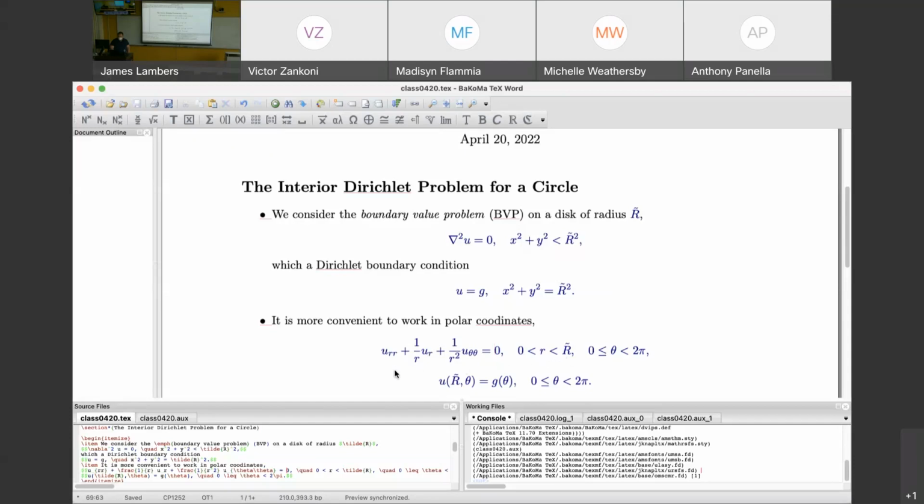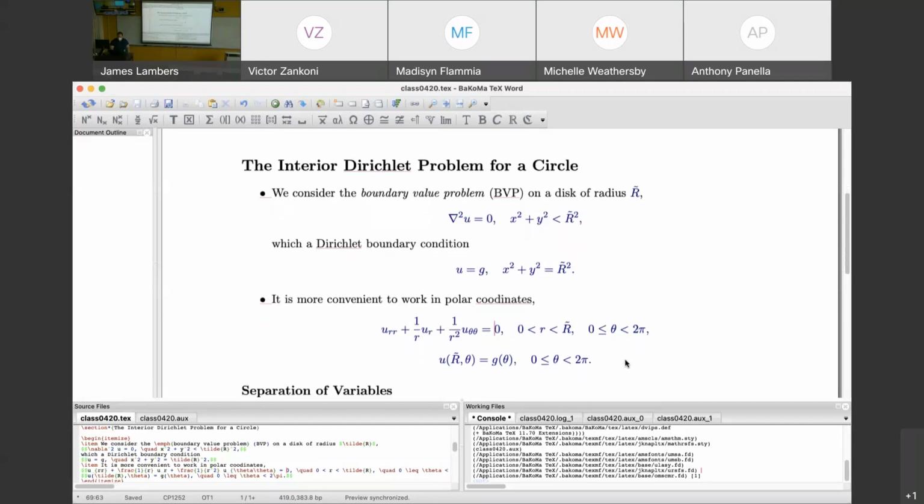Notice that the Laplacian is not defined at the origin. And then our theta variable goes from 0 to 2 pi. Our boundary condition is also described in polar coordinates: when little r equals capital R tilde, that puts us on the circle of radius r tilde, that's our boundary. And we think of g as a function of only theta.